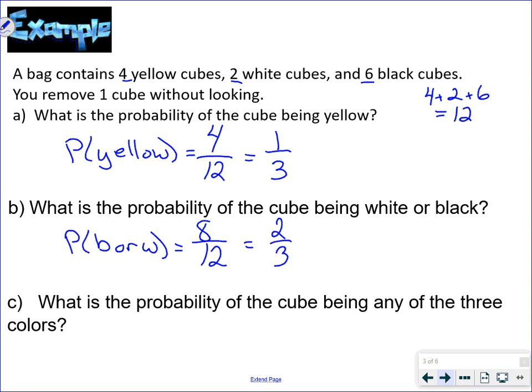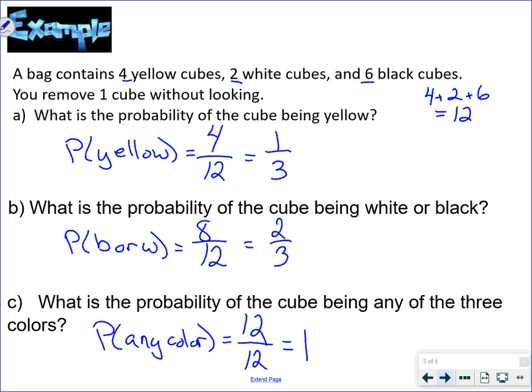The last one says, what is the probability of the cube being any of the 3 colors? So yellow or white or black. There are 4 yellow, 2 white, and 6 black. When we add that up, we get 12, out of 12 cubes in total. 12 divided by 12 gives us 1.